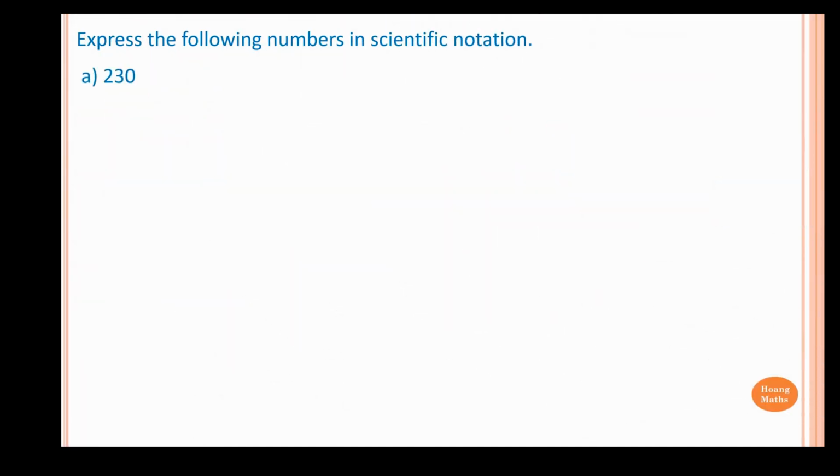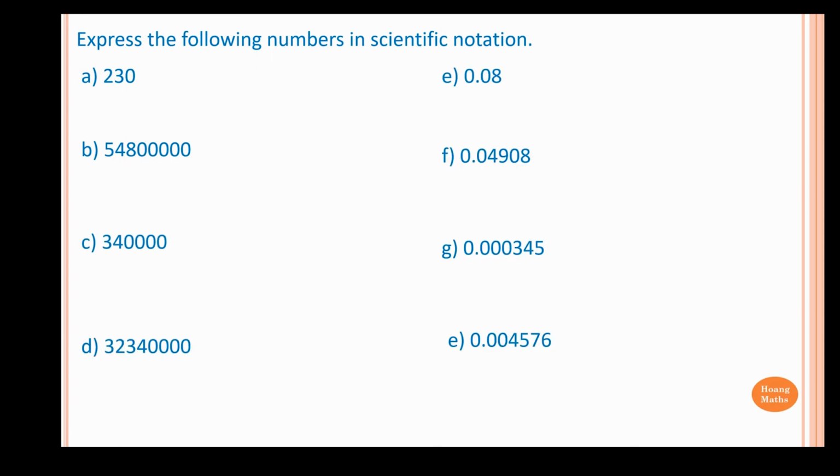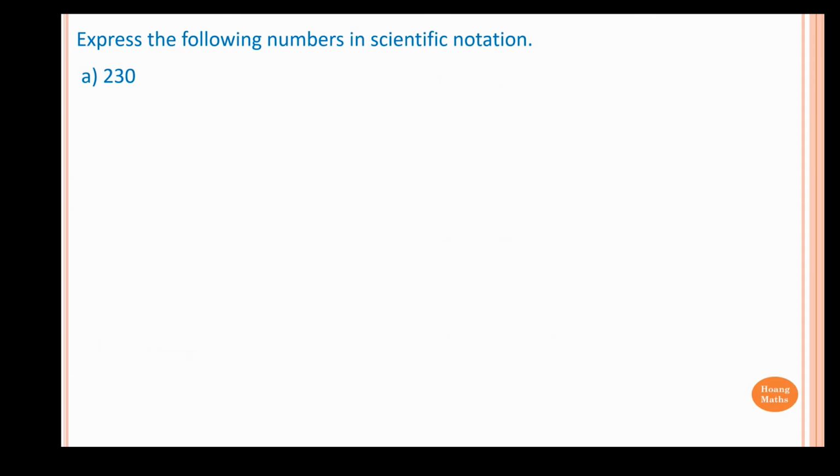Please stop the video and try this one yourself. 230. Remember, there is no decimal, so what that means is it's right at the back here. So we move 1, 2.